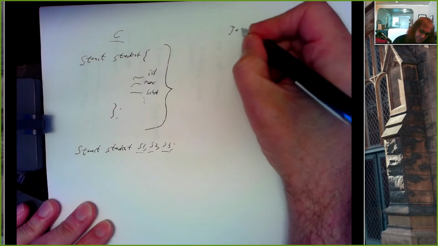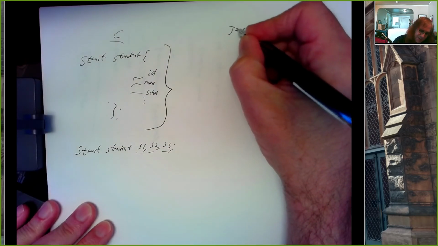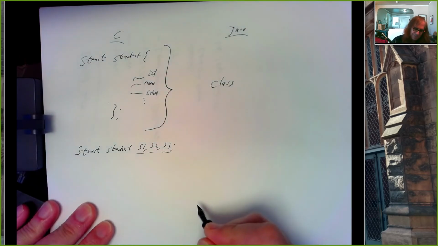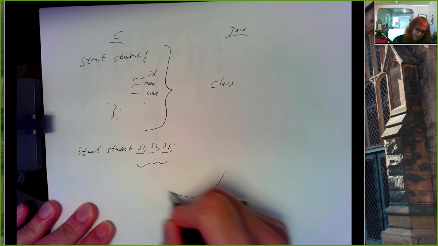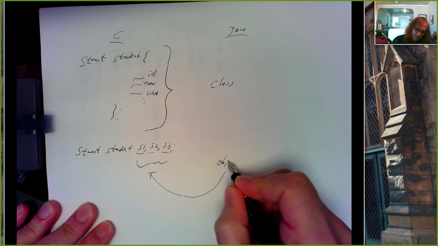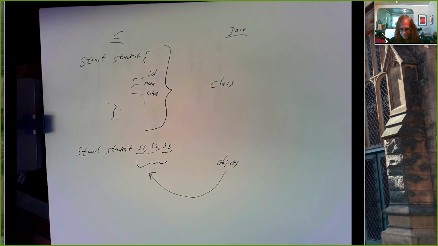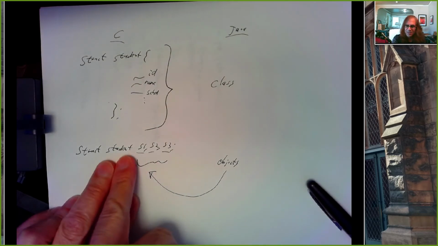Okay, so loosely speaking, in Java, this is going to be called a class. And these things are going to be called objects. All right, so a class is like the structure itself. An object is a particular instance of that class.